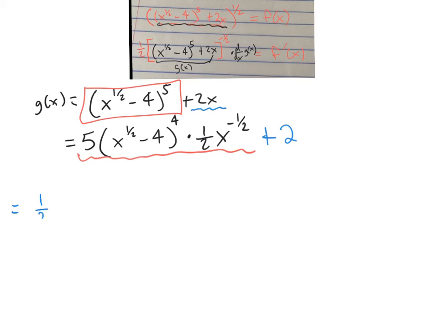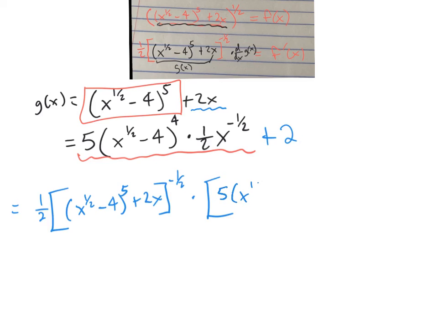We're left with 1/2 times the quantity x to the 1/2 power minus 4 to the 5th power plus 2x, everything raised to the negative 1/2 power, times this mess right here that we just found: 5 times x to the 1/2 power minus 4, raised to the 4th power, times 1/2 x to the negative 1/2 power plus 2.